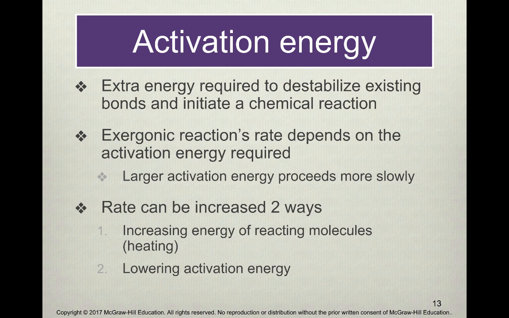So if you require a large amount of activation energy to get past that transition state, then your reaction is going to proceed much more slowly. In order to increase the rate of reaction, that can happen two ways. Number one, increase the energy of the molecules that are involved in the reaction, like by stirring or adding heat, which are neither feasible ways inside our cells, or by lowering the amount of activation energy that would be required.